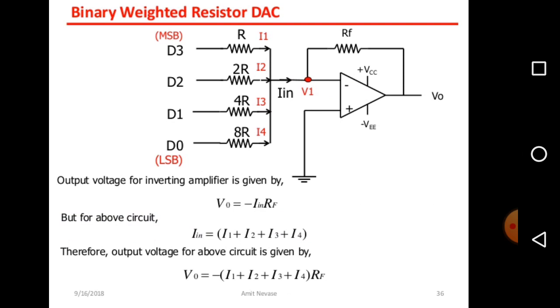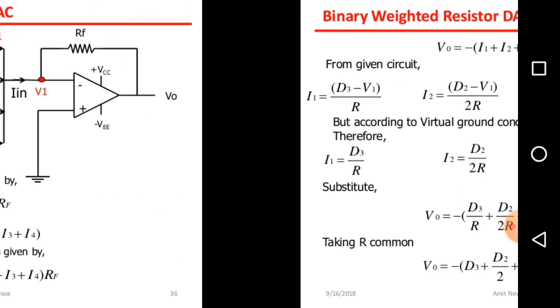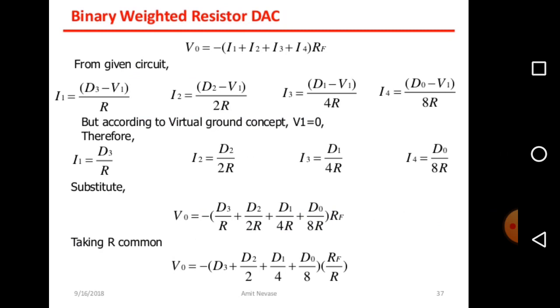I1, I2, I3, I4 are the currents from the individual inputs. It is a very easy method, that is the binary weighted register DAC. You will get output Vout equal to D3 plus D2 upon 2 plus D1 upon 4 plus D0 upon 8, into RF upon R.